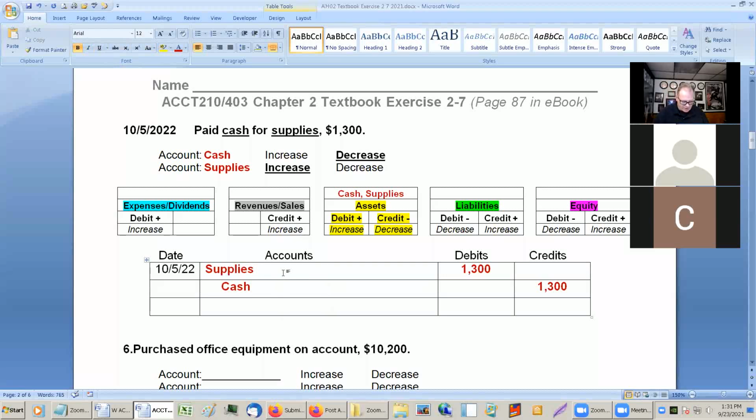So this is an asset going up. This is an asset.